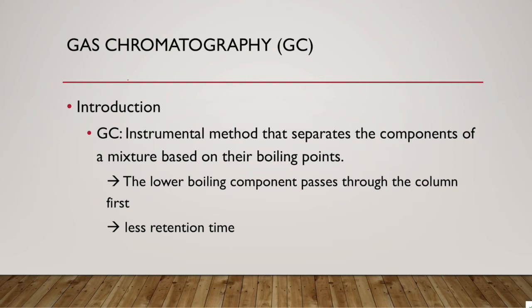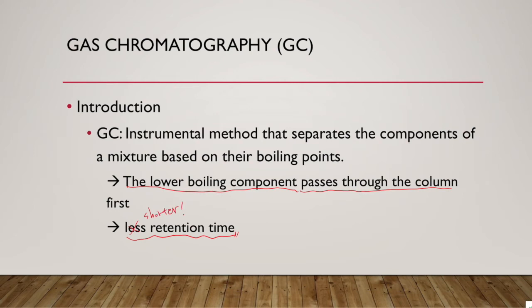This is an instrument that separates the components of a mixture or sample based on their boiling point. So the principle is a little bit similar to distillation. If we have a lower boiling component in the sample, it will pass through the column first, and if it passes through the column more quickly, then it will have a shorter retention time, not less, shorter.